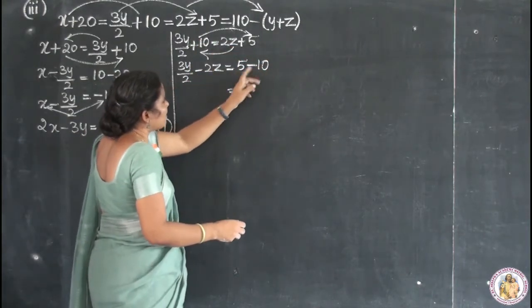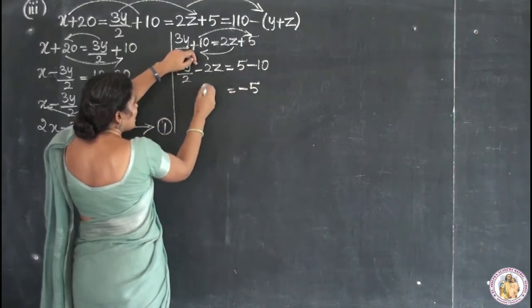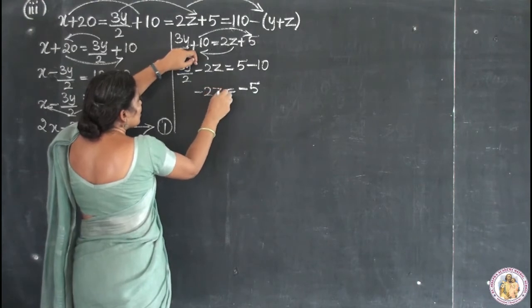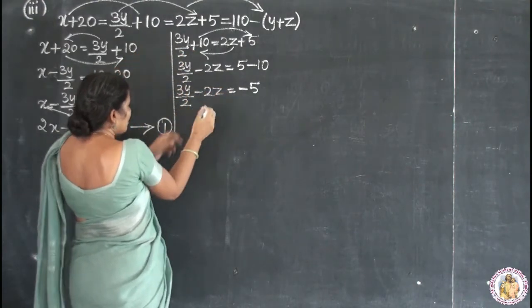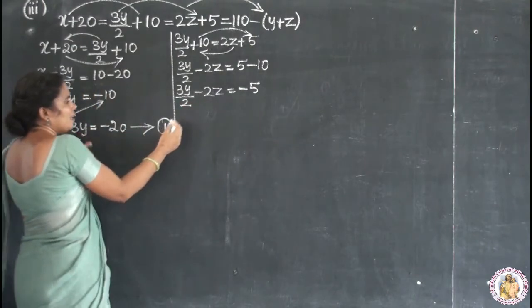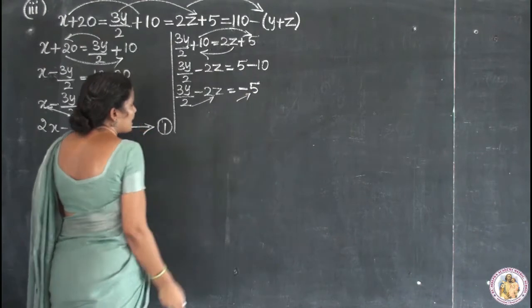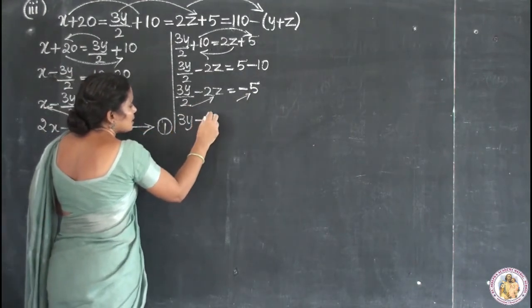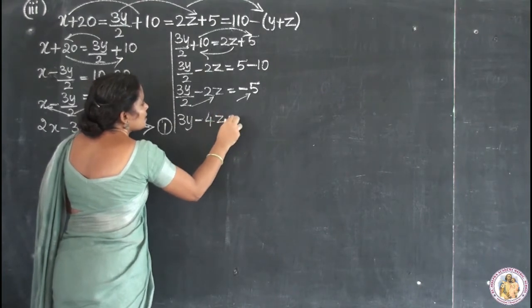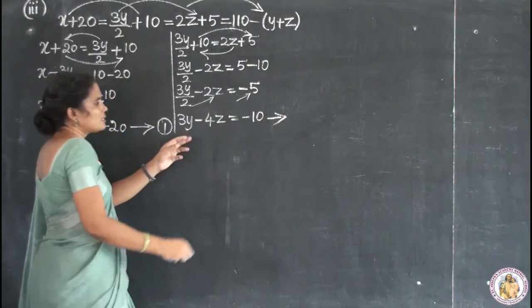Different signs, subtract: 5 minus 10 is minus 5, minus 2z and 3y by 2. As we did earlier, multiply with 2 to both right and left side. So 3y minus 2 into z, that is 4z is equal to 5 2s are 10. We got the second equation.